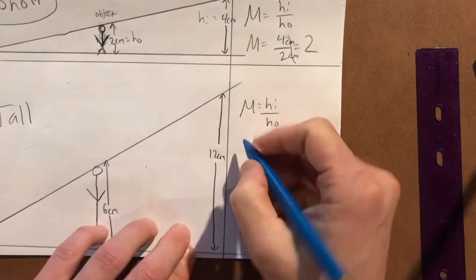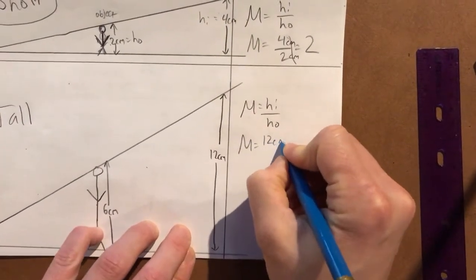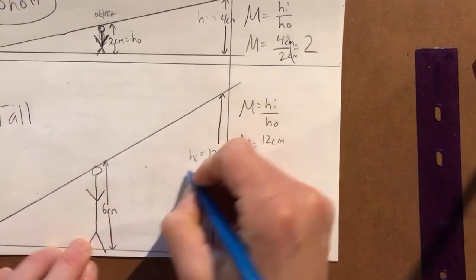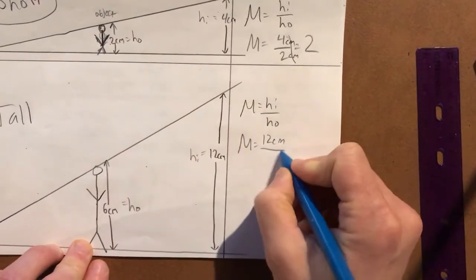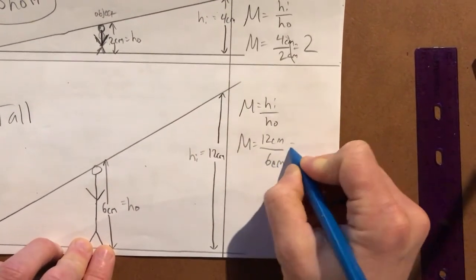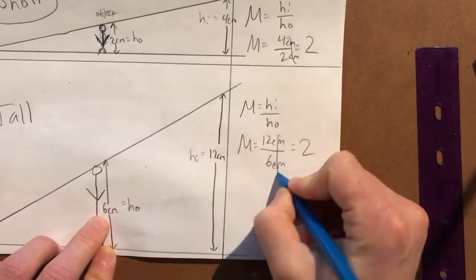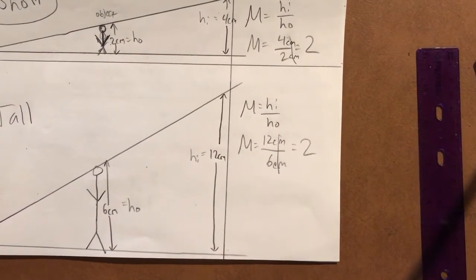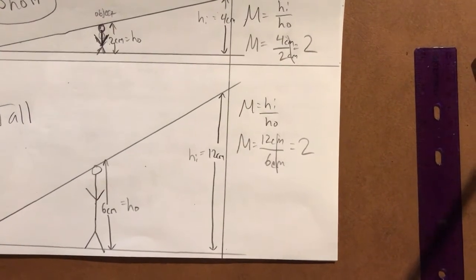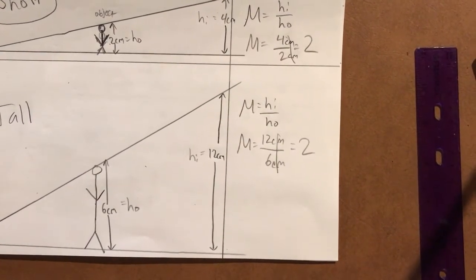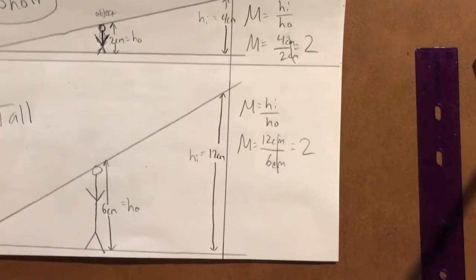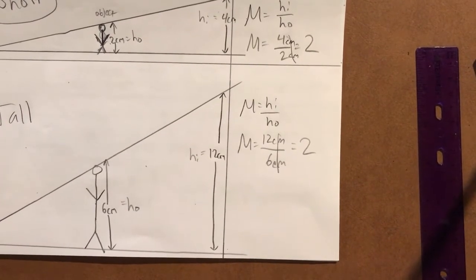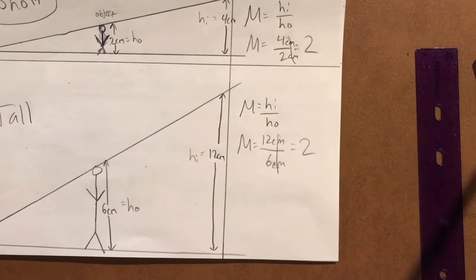For the tall guy, it is 12 centimeters on top, that's HI. 6 centimeters on the bottom is HO. And centimeters cancels, divide 12 by 6, and you also get 2. So the evidence would indicate that if you put a taller person in the same spot, which is important, that you would get the same magnification.